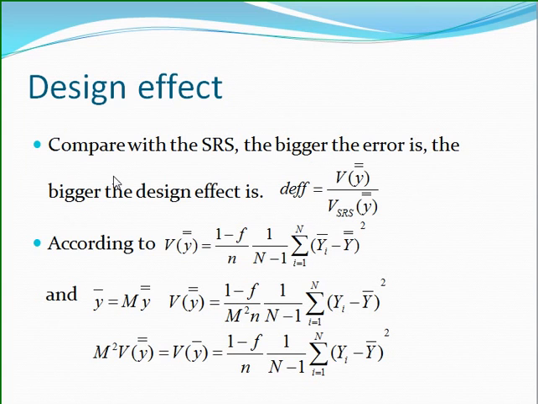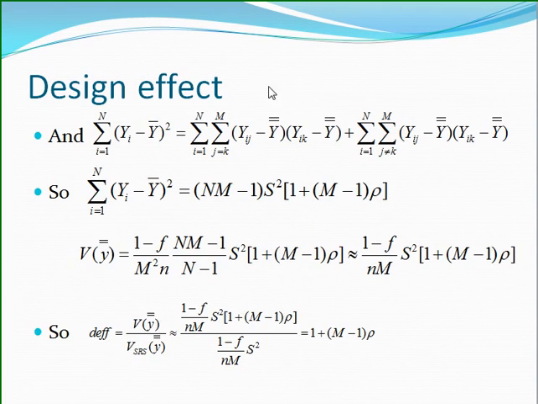So the definition of the design effect is an equation like this. And if we remember, we have talked about this before. So we put them all into that, and we can get this kind of equation by transform. Then this part of the equation, which we mentioned before, is equal to this.